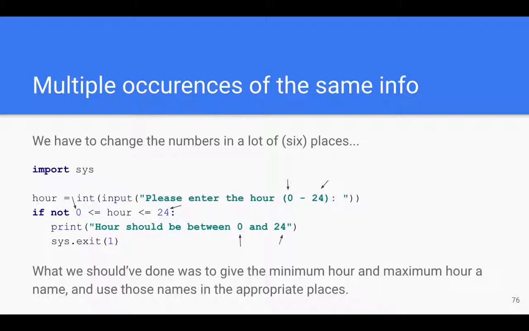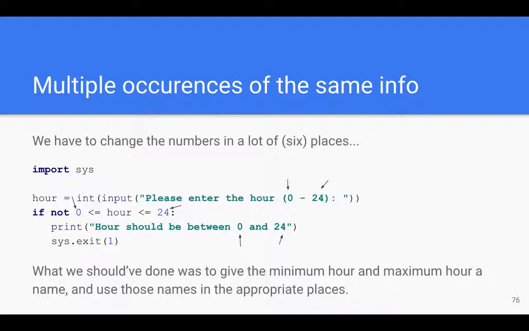So what could we have done at the beginning to save us the trouble of having to change the number in so many places? Well, yes, there's something we could have done. We could have given the number 0 a symbolic name that says it's the minimum hour.